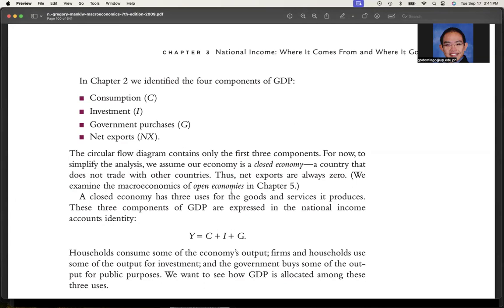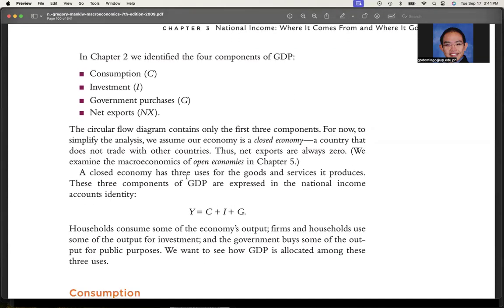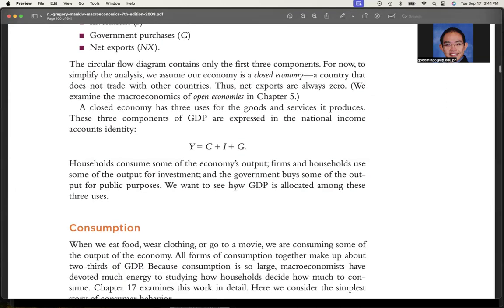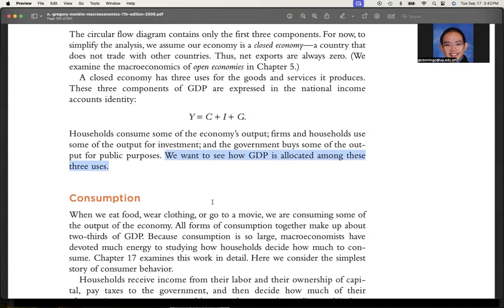In about 2.5 weeks, we will talk about an open economy in chapter 5. So in this closed economy, we have 3 uses for the goods and services: C, I, and G. NX we'll assume to be 0 for now, and that's why it's a closed economy for now. And the big question is, how is GDP allocated amongst these uses?